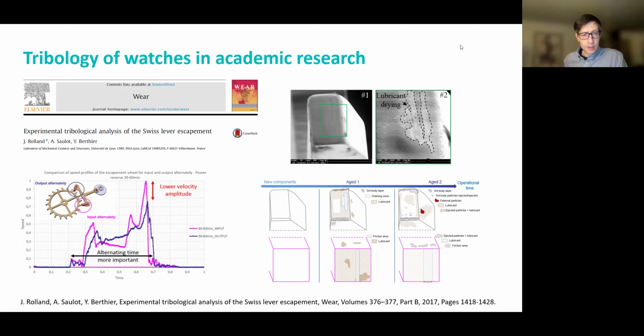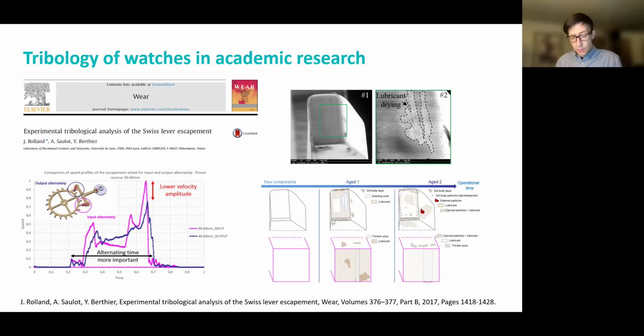They ran some dynamic analysis, measured some speeds, interaction between the gears and the pallets, and looked at the degradation of the materials, and formulated the degradation models. So a really interesting study, but as I say, not many examples of that type of research being published. And I think we all understand the commercial aspects of that research not being publicly available.